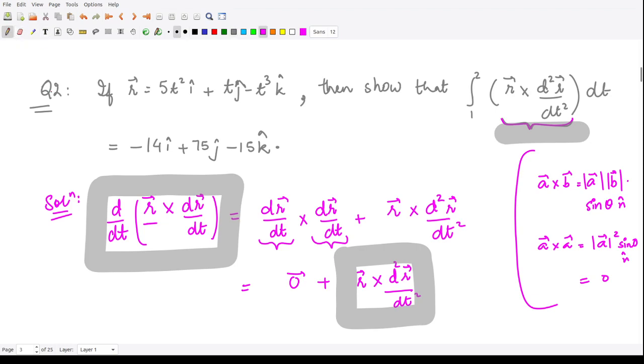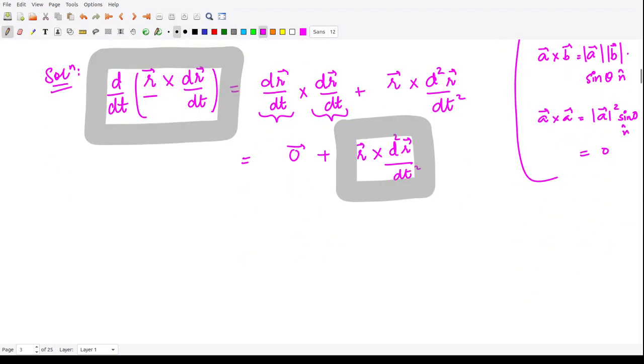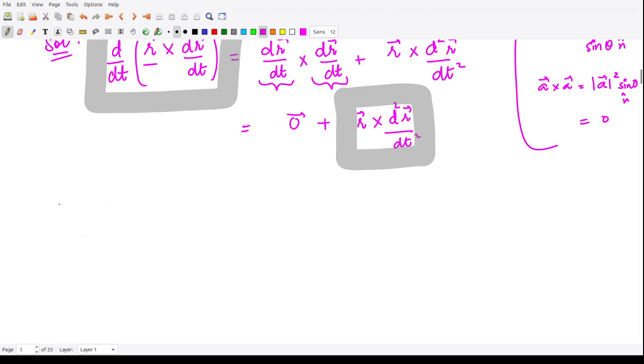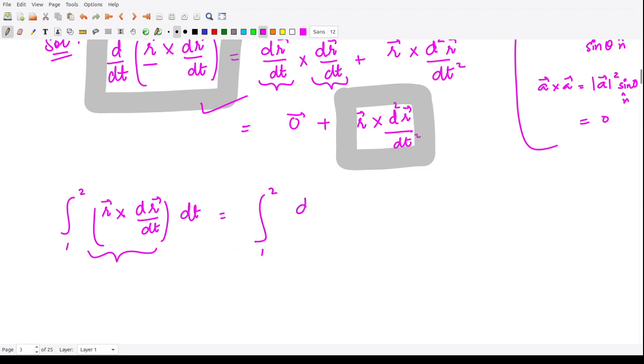If you substitute it in the place of the given quantity, we are to calculate in the question the integration from 1 to 2 of vector r cross with d2r by dt2, right? So this quantity could now be written as the integration from 1 to 2 of d by dt of the vector r cross with dr by dt.